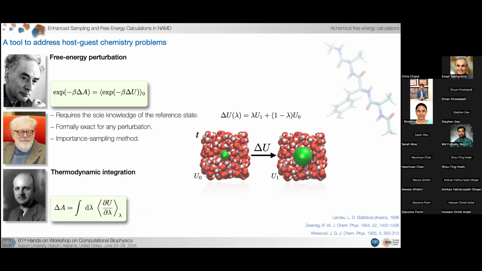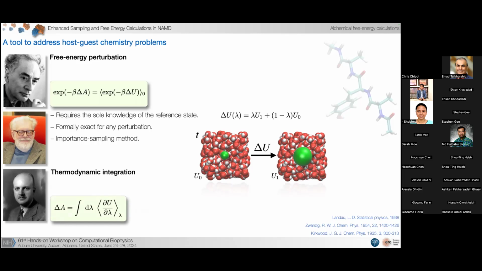The equivalent of free energy perturbation formally is thermodynamic integration, which was proposed by John Kirkwood, also back in the 30s. And so it's a rewriting of this perturbation formula in terms of an integral.